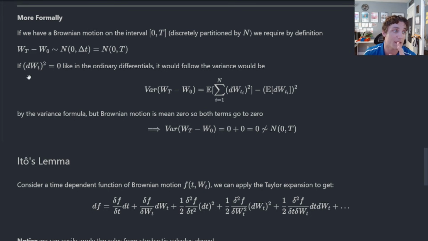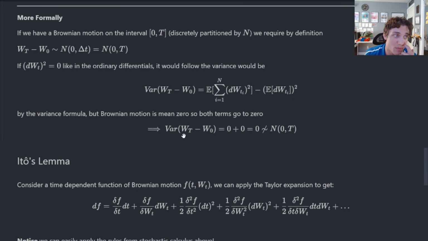Now, if dW_t squared was 0, like in the ordinary differentials in the context of the derivative, then it would follow that the variance here, given by this equation, would be simply 0. That's because all of these dW_t squareds would be 0, and the expectation is already 0.